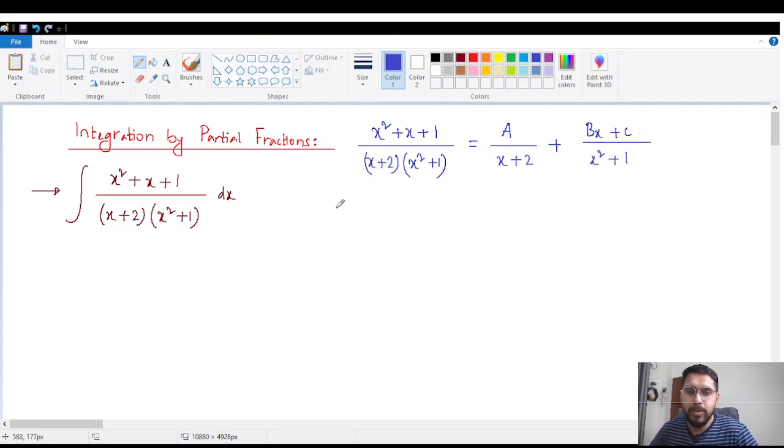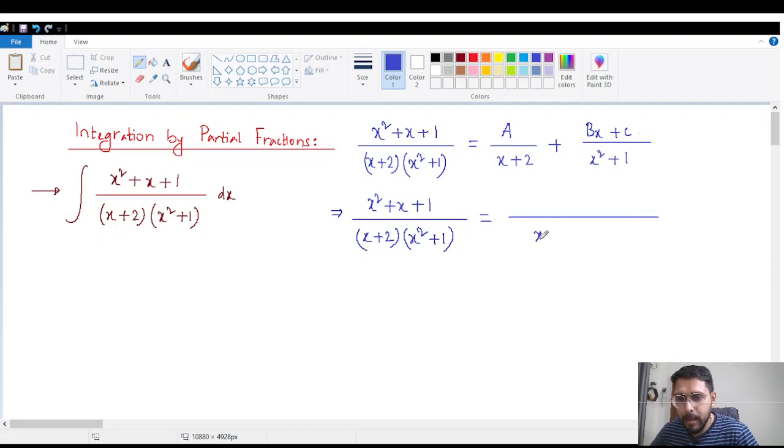So now once we have done this, we have to combine the denominators. So x square plus x plus 1 over x plus 2 times of x square plus 1, and here we are getting again x plus 2 times of x square plus 1. I'm making the denominators the same. So what is the numerator now? A times of x square plus 1 plus Bx plus C times of x plus 2.